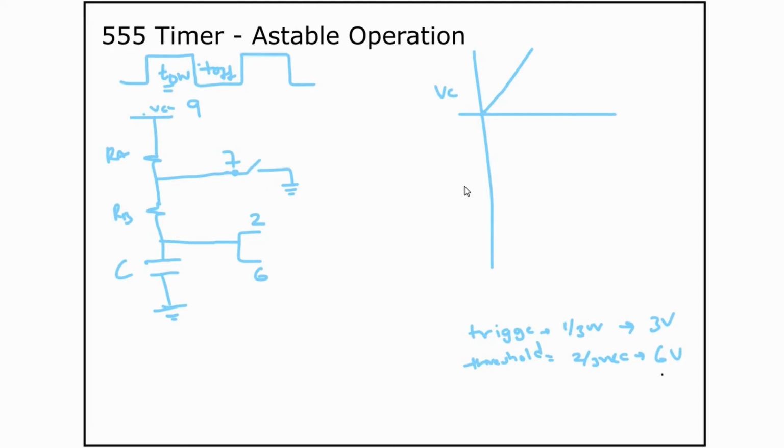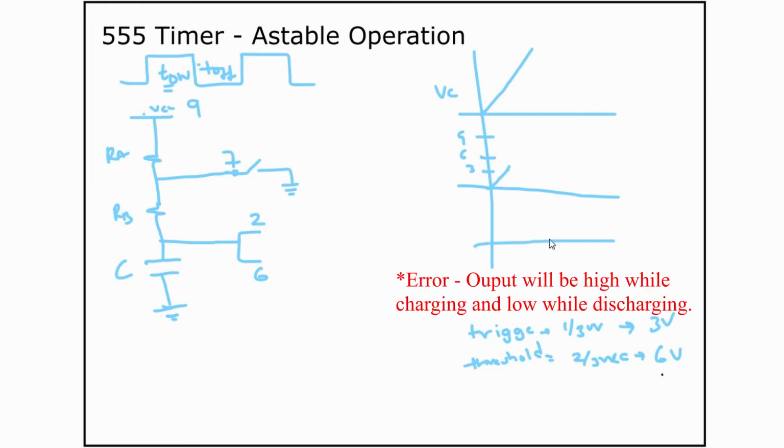So let's see what happens. Now let me put this at 9 volts, this at 6 volts and this at 3 volts. Initially the capacitor is at 0 volts and it has slowly started to charge. Based on the RC combination, the time will be decided. And here the output will be low initially.